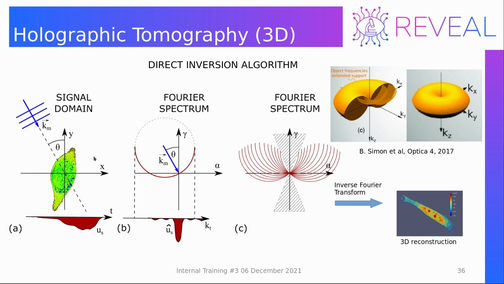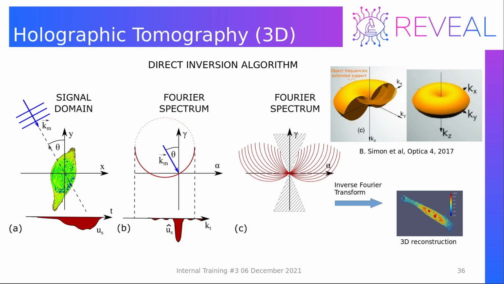So what do we do with the measurements? Let's imagine that we have the plane wave here which illuminates our object. Let's now forget about all these microscope objectives of the optical setup that is here. This is just a symbolic drawing.